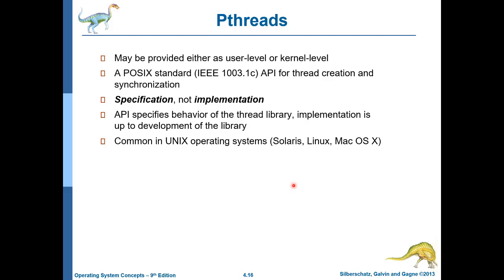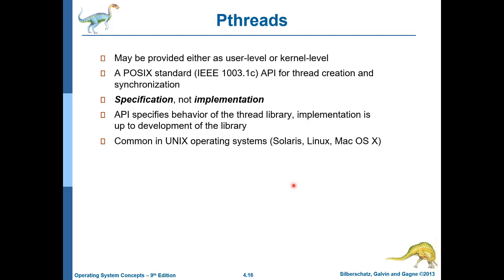It means that how you implement it depends. So they tell you that these should be the functions, this is how they should work, this is how you should create, this is how you should delete, but they don't give you the implementation. So anyone who is going to implement Pthreads has to follow this standard. Now the API specifies the behavior of the thread library, and how you implement the behavior depends on the development of the actual library. Pthreads is very famous because it's a very good specification.